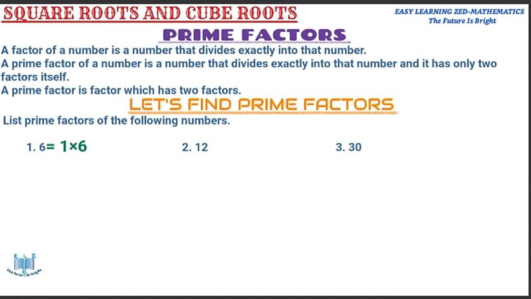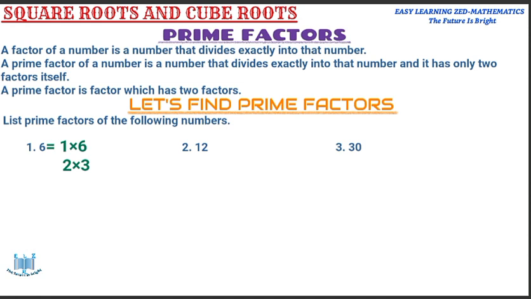Then we can also multiply 2 by 3, which will give us 6. Now as you can see, 4 cannot go into 6 without leaving a remainder, as well as 5 cannot go into 6 without leaving a remainder. 6 we have already used. So we are saying 6 has got 4 factors. These are the 4 factors.